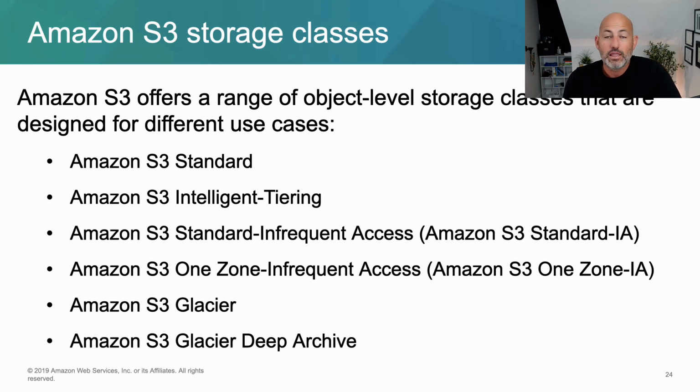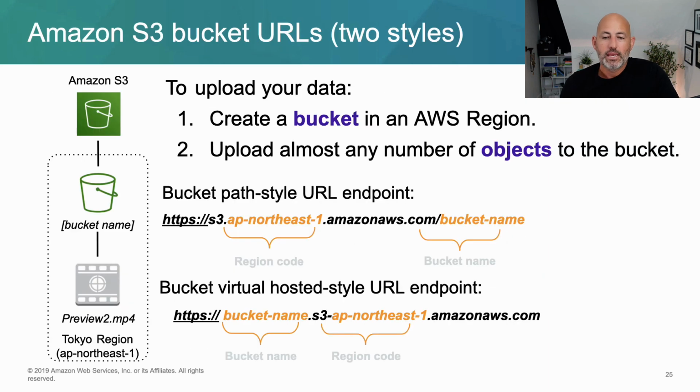And so there are a lot of different tiers of Amazon S3. I think that's a big thing to take away. There's standard, intelligent tiering, standard infrequent access, one zone infrequent access, Glacier, and Glacier Deep Archive. This is probably one of the more confusing but also powerful things about S3: pick the right one for the right job at hand. The other thing to be aware of is Amazon S3 has two styles of buckets.